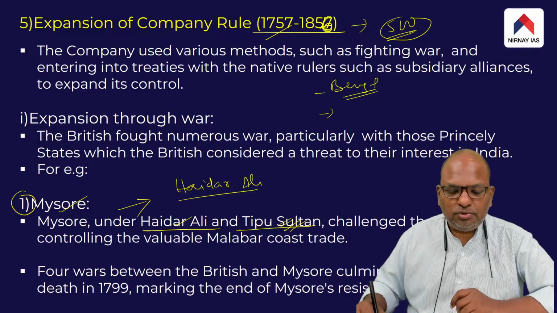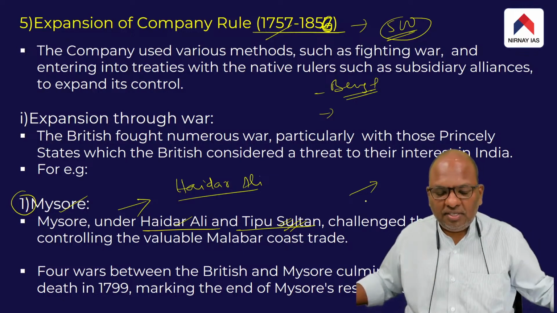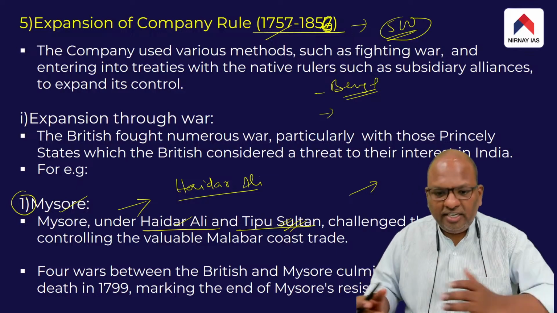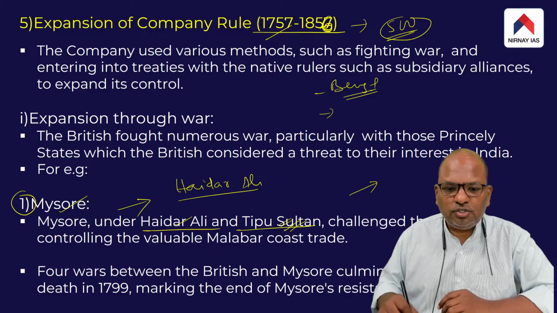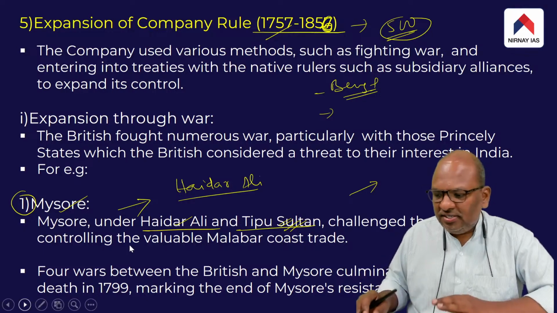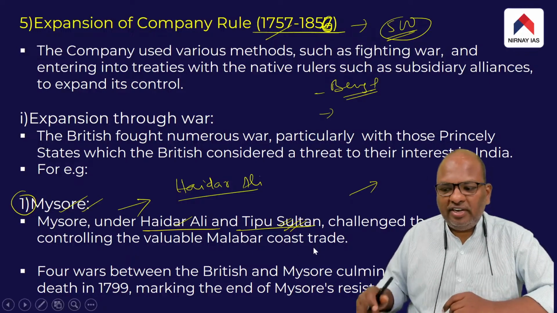Moreover, Tipu Sultan was a very, very ambitious man. He tried expanding his kingdom in all directions. The British felt threatened, and therefore the British declared wars on the Mysore kingdom. Of all the native dynasties of India, the rulers of Mysore were very ambitious.